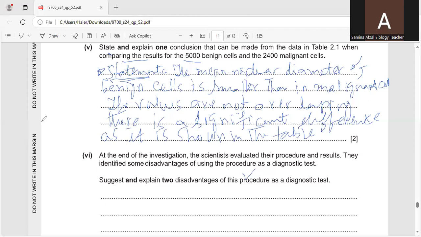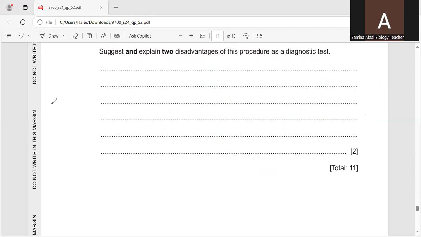We are moving on: suggest and explain two disadvantages of this procedure. You can say this investigation consisted of many steps. First of all, to select the people who are suffering with malignant tumors or with benign tumors.